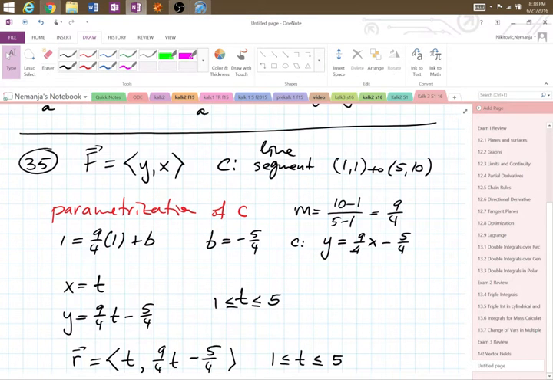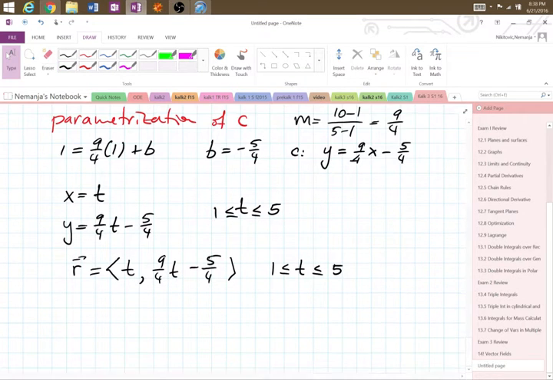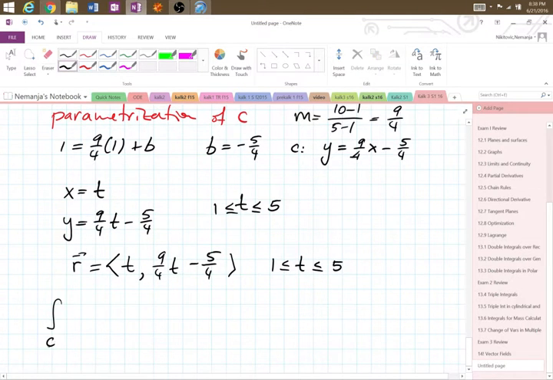So we have the vector field y comma x, and we have our parametrization. So now remember that the line integral is the dot product between the vector field and the r prime. Yeah, we do need r prime. Why did I erase it? So here I'll do r prime. I'll put it on the side, which is 1 and 9 quarters.